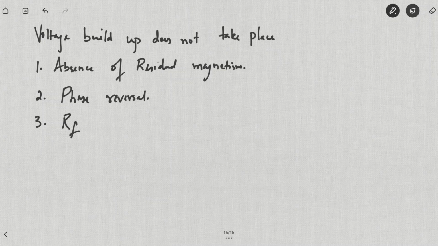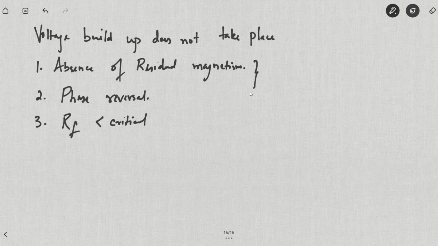So if RF is very large, the IF that will flow will be very, very small, and it will not be able to produce the flux in the machine. So RF has to be less than the critical value of resistance. These are some of the issues that can occur with the shunt field DC generator, because of which the voltage buildup will not take place.